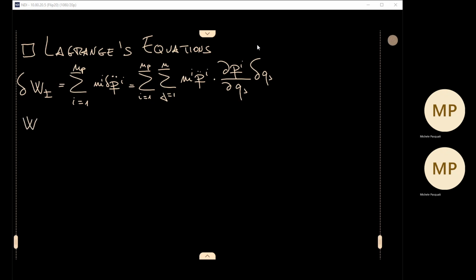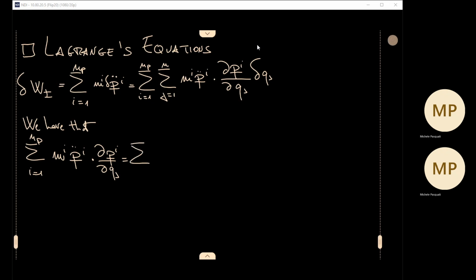Now we have that the sum over i going from 1 to n_p of m_i p_i double dot times the derivative of p_i over q_j can be written as such.